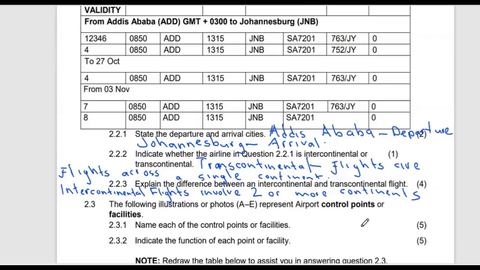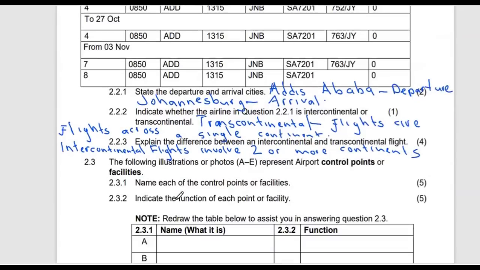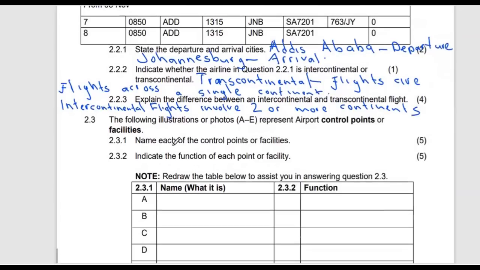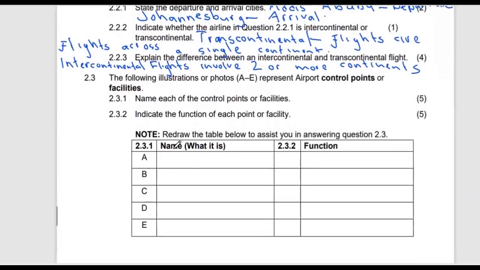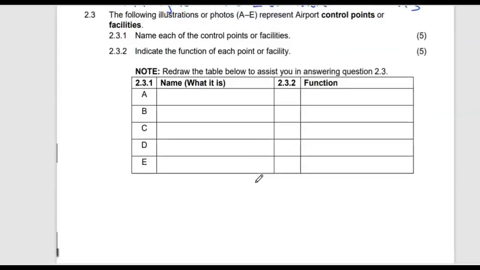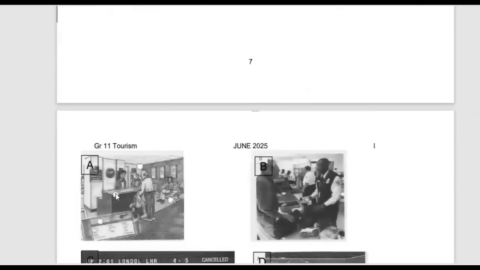The next question, 2.3. The following illustrations or pictures A to E represent control points of facilities. Name each of the control points of facilities. Include the function of each point of facility. So we are going to start by looking at the first one.